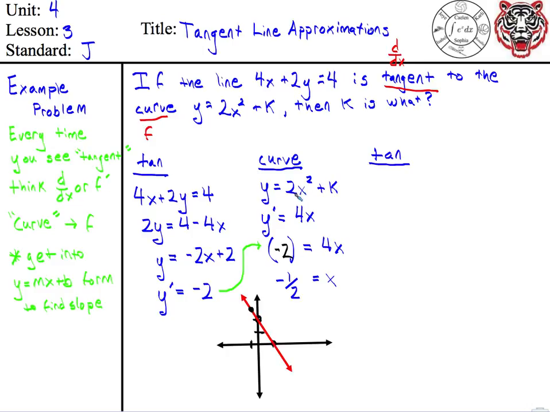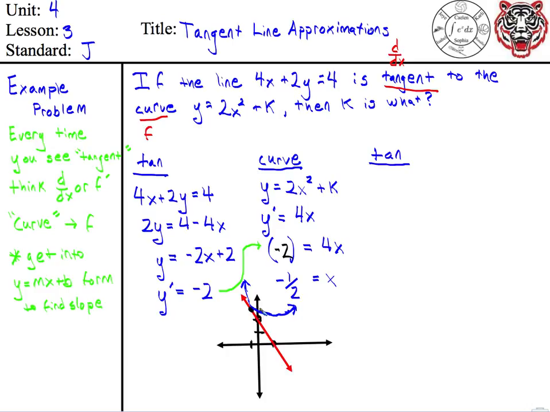Our curve is 2x squared, which means it's a positive quadratic. So the positive quadratic will come down and hit at this point but nowhere else, and maybe come up somewhere like this. It just barely touches at that point, and at that point this curve has a slope of negative 2.